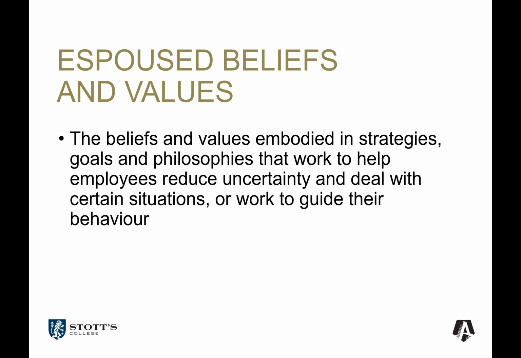And we've all worked in organisations where the stated or espoused values and beliefs don't match the actual values and beliefs, the patterns of behaviour that emerge or exist or are implicit in the way things actually occur. But the espoused values and beliefs are the stated strategies, goals, and philosophies that help employees reduce uncertainty, deal with certain situations, and guide their work behaviour.